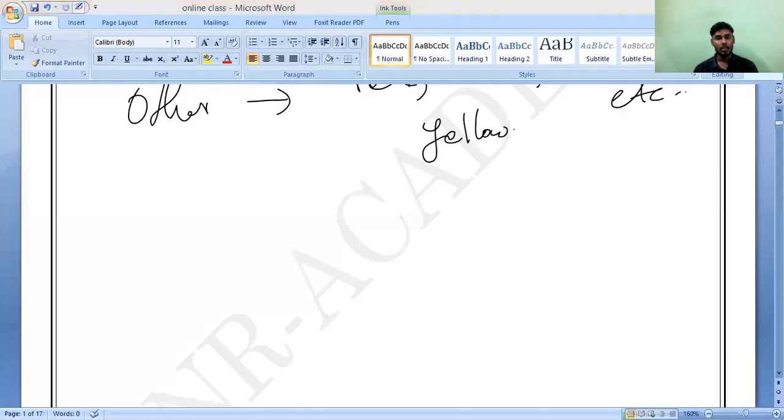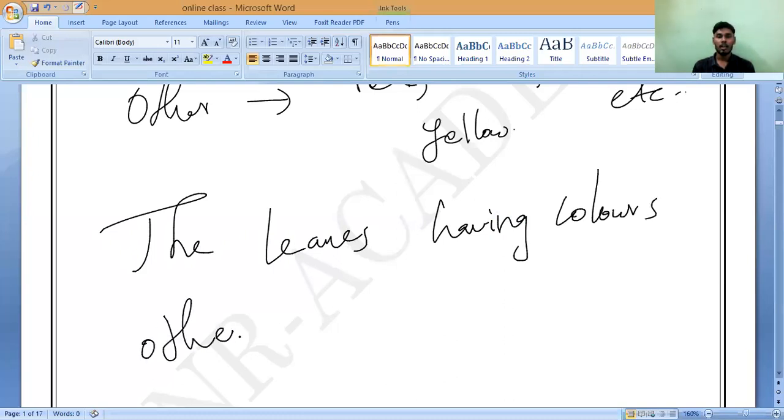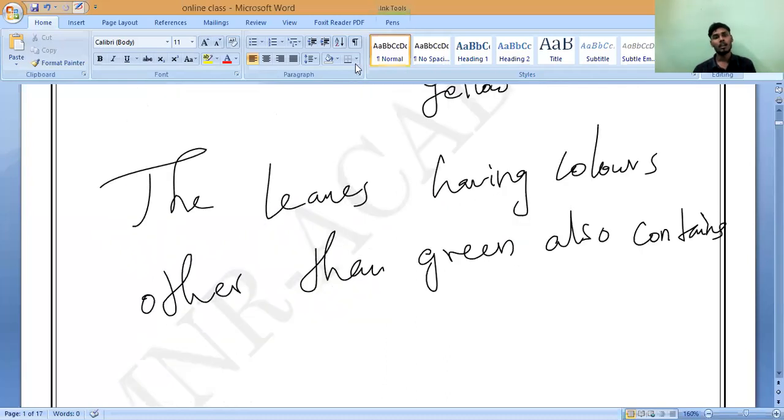Write it. The leaves having colors other than green also contain chlorophyll.